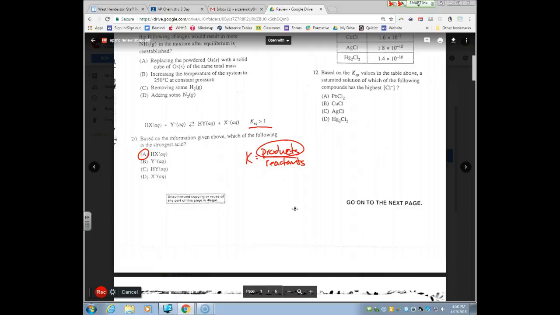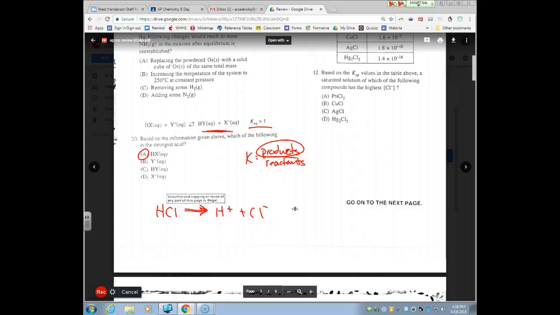So this reaction, where it's going to fall with equilibrium, we're going to have more of this than of the reactants. So for a strong acid, remember, strong acids don't undergo equilibrium. If we're talking about a strong acid like hydrochloric acid splitting up, it's a one-way street. It splits up and does not go in the reverse reaction.